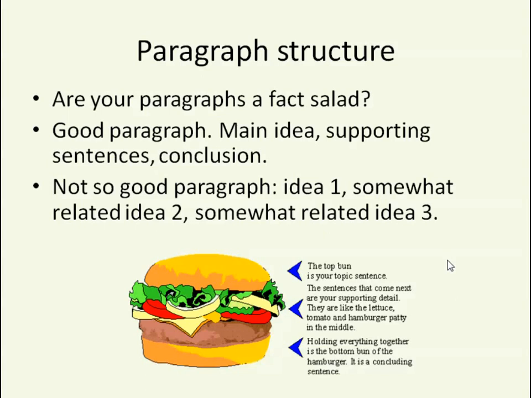So you say idea one, and then you go to the next one, and it's something else that is kind of related, but it doesn't support the previous sentence. And so you have a number of ideas that don't flow the right way.